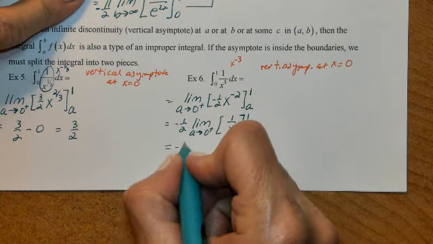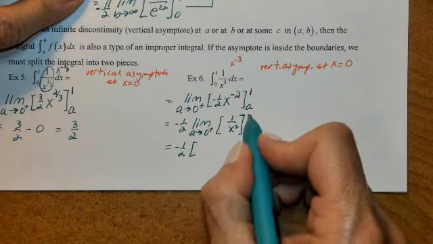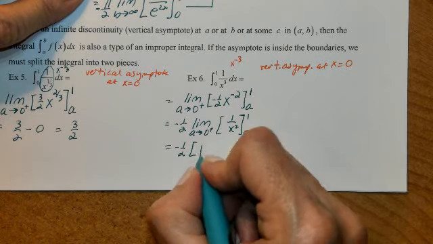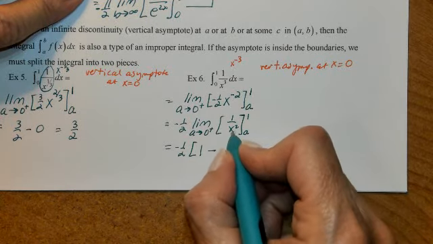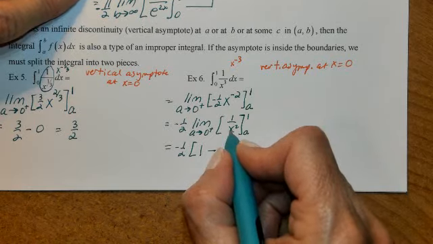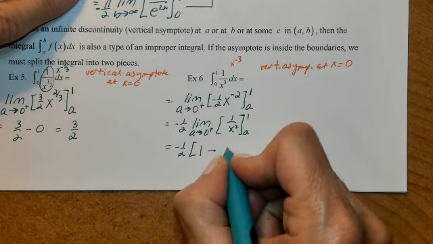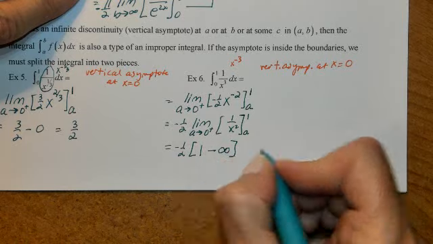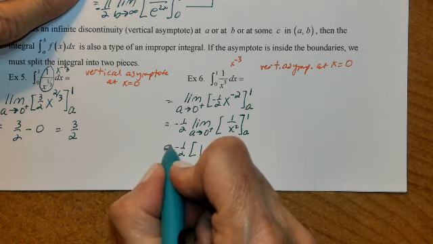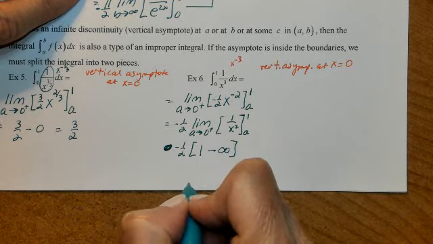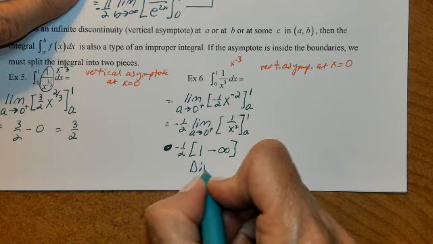Now let's plug in. 1 goes in for x, we get 1. a goes in for x, and then a goes to 0. What is this going to? It's going to infinity. So we get infinity, so this guy diverges.